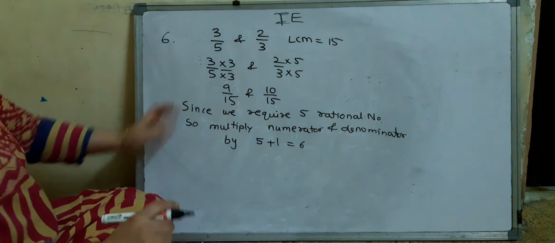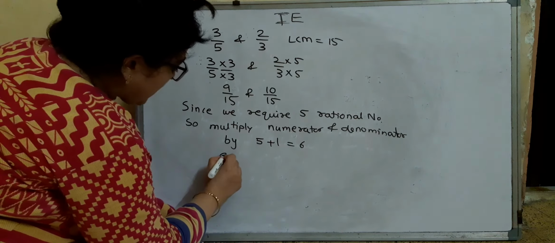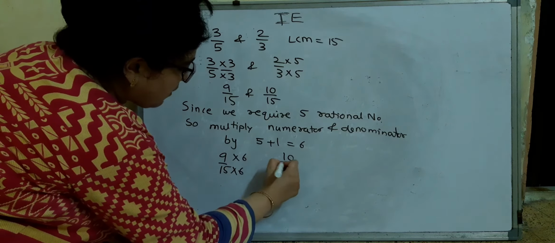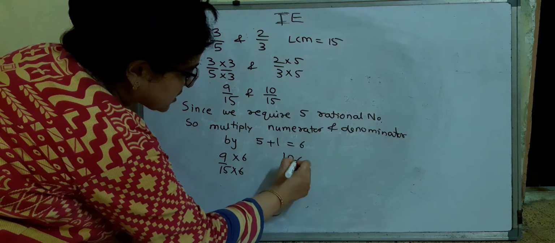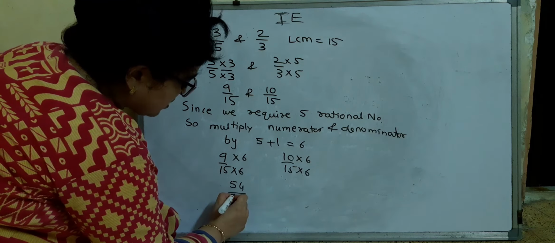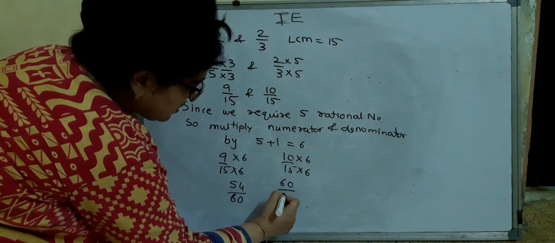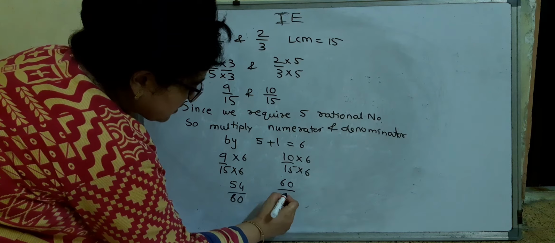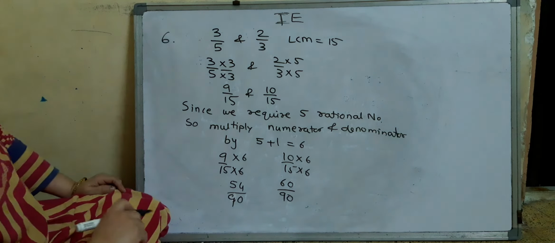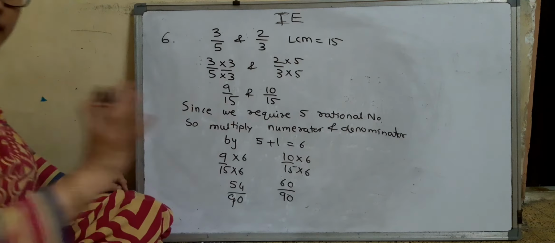So multiply both numerator and denominator by 6. So 9 upon 15 multiplied by 6 gives 54 upon 90, and 10 upon 15 multiplied by 6 gives 60 upon 90. So the rational numbers between these two numbers are the answer.